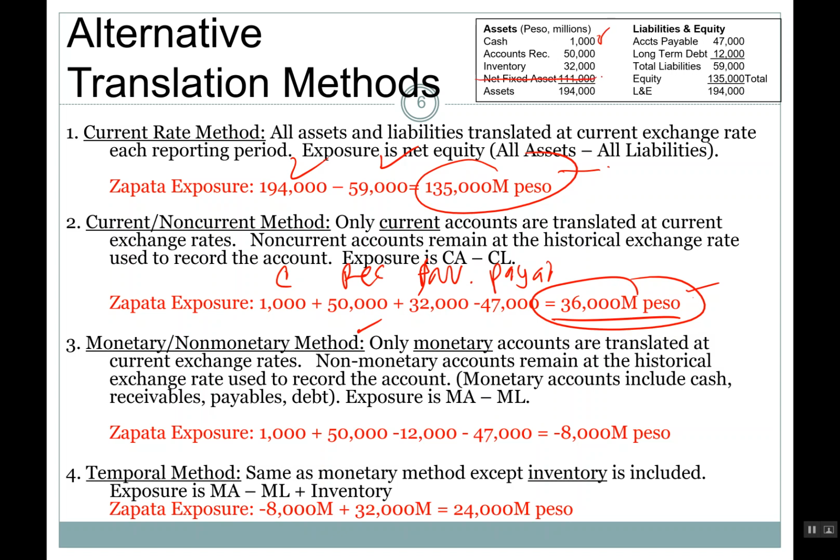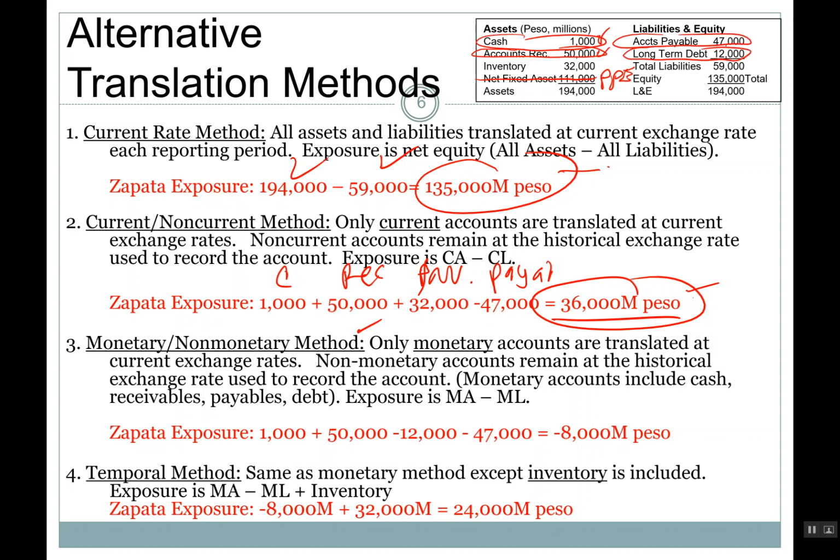We said this is really property, plant, and equipment, so that's not going to count. However, accounts receivable is cash. It's not an asset. It's not a widget or something like that. So we're going to use this one as a monetary asset. This is a monetary asset. This is a monetary liability. This is a monetary liability.